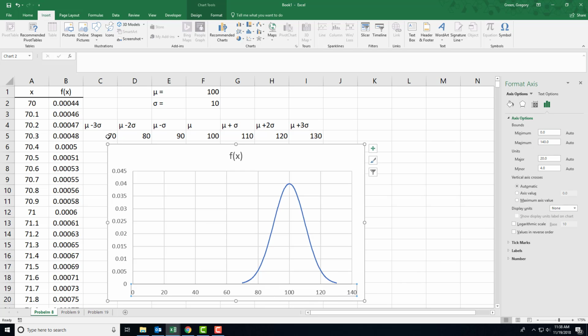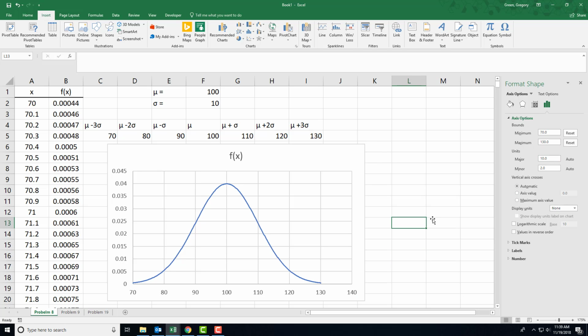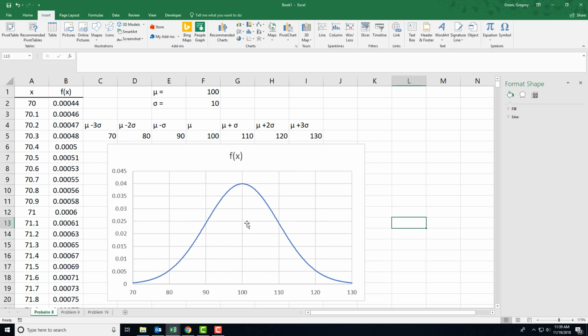Well, I'm going to let the smallest value be this 70 over here. So I'm going to put it in as 70. I'm going to let the maximum value be this 130. And then I'm going to let it jump just like this did, 10 units at a time. And then I'm going to call that good. And notice I now have a picture of my normal distribution.